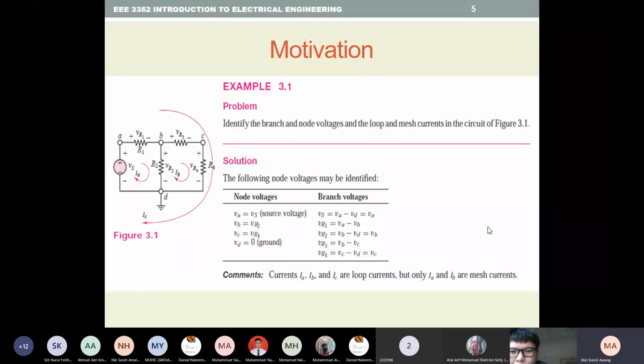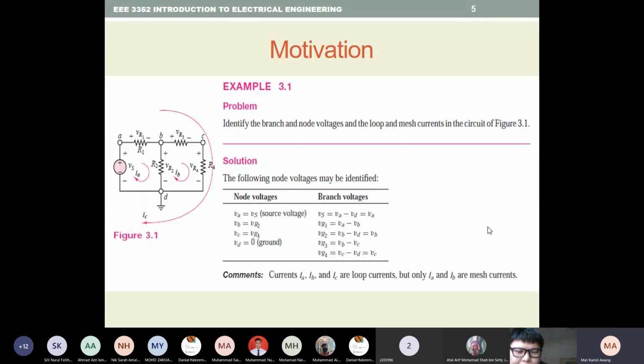So you need to identify the voltages at the nodes. First, you need to identify how many nodes that you have.